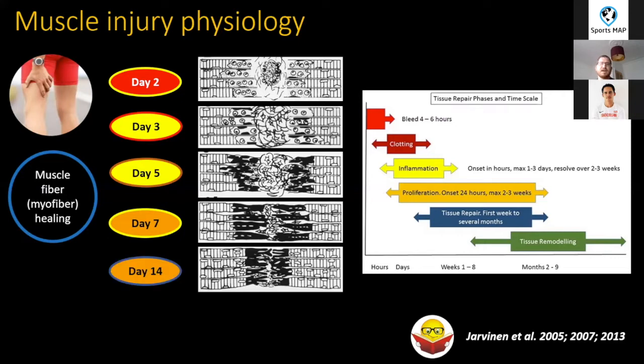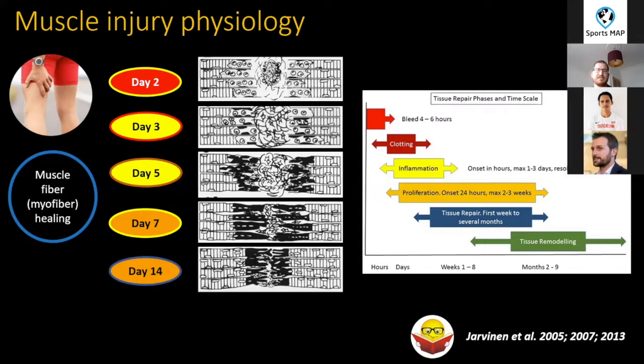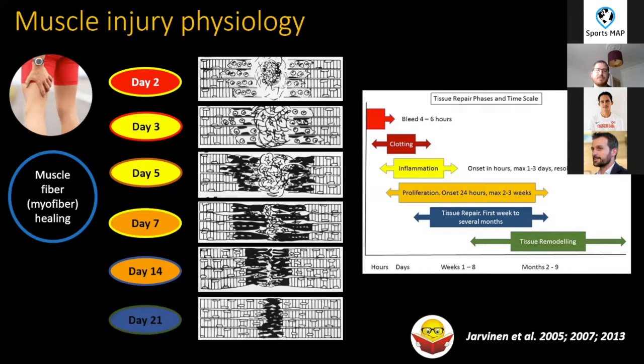Day 14, the scar of the central zone is further condensed and reduced in size, while the regenerating myofibers close the gap. And at day 21, the myofibers are virtually fused with little scar in between.